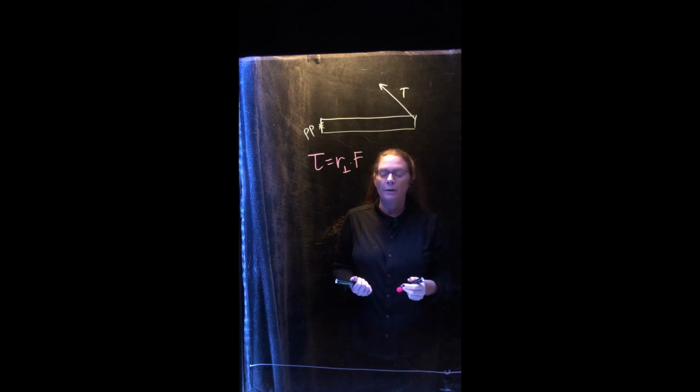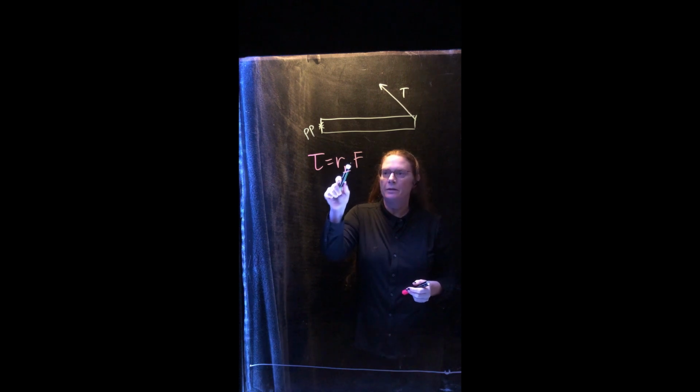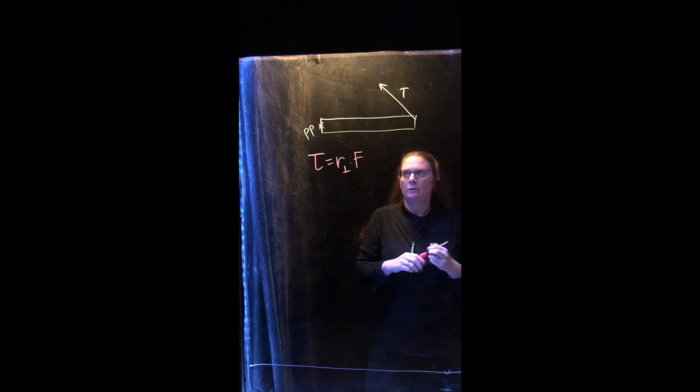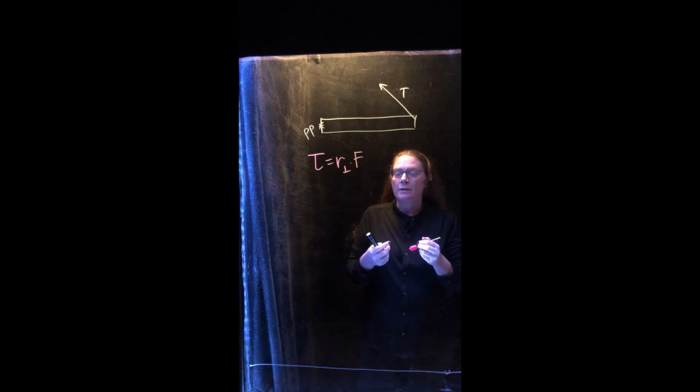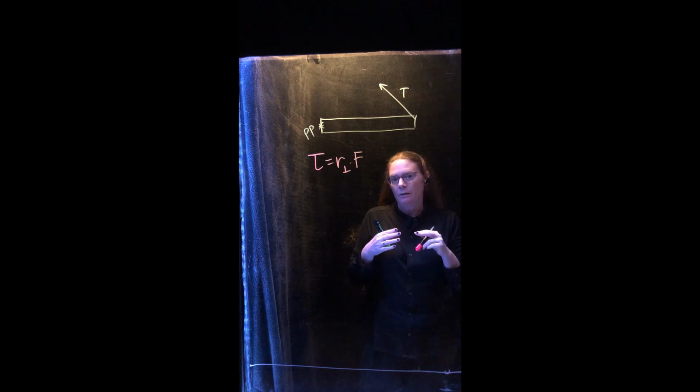For the second method, it's the idea of the perpendicular distance times the force. This is the true definition of the lever arm, this perpendicular distance. What you do is draw the perpendicular line from the pivot point to the force.